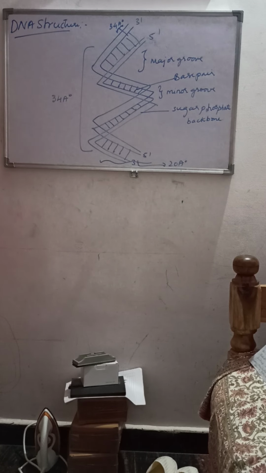It looks more or less like a twisted ladder. We always compare the structure of the DNA molecule to a twisted ladder, with the uprights and the rungs. The uprights are made up of sugar and phosphoric acid, and the rungs, or steps, are made up of the nitrogenous bases. The uprights, made up of sugar and phosphate, act as a backbone.